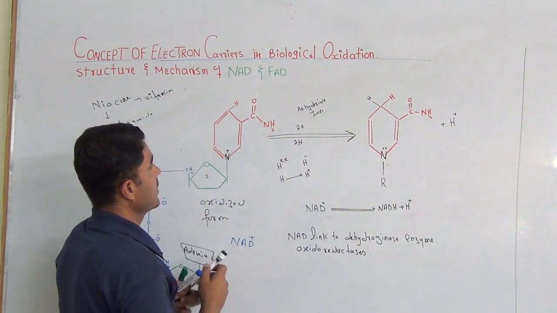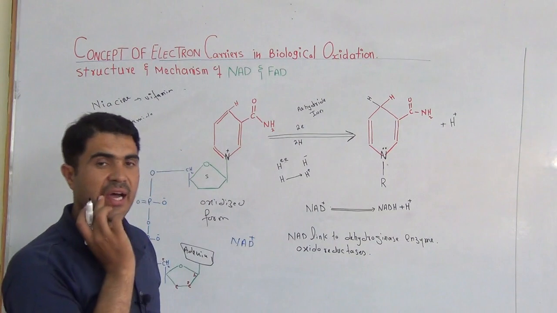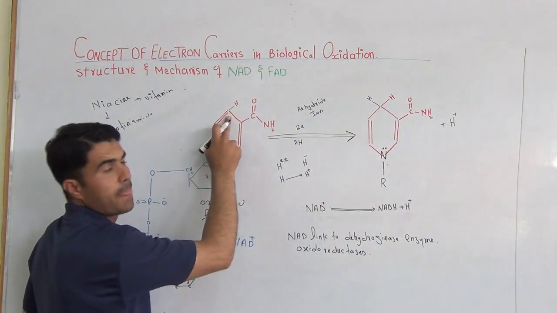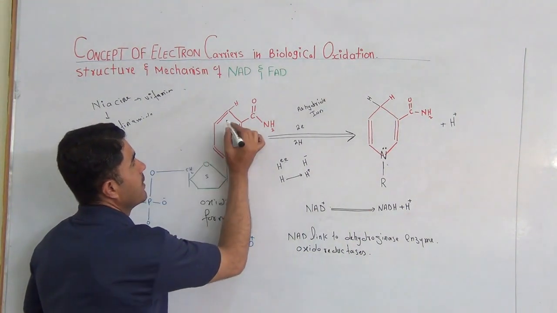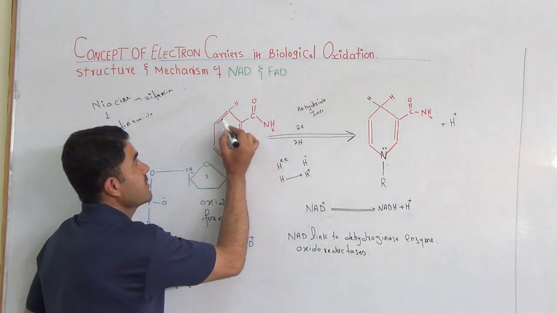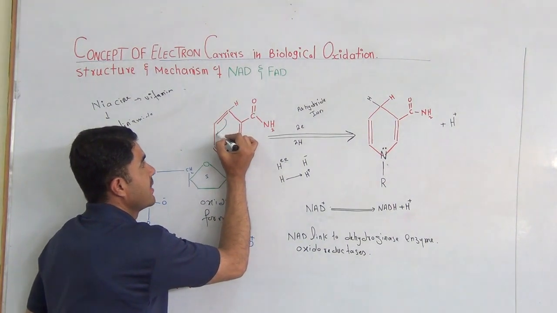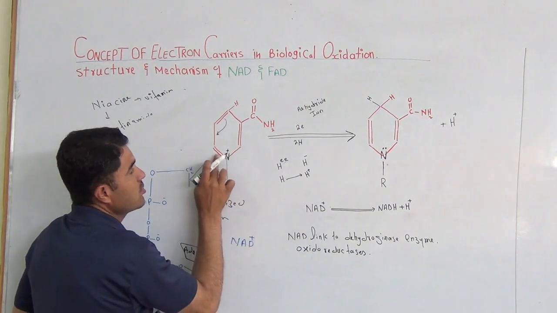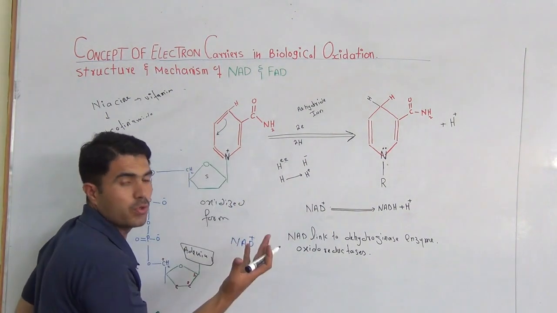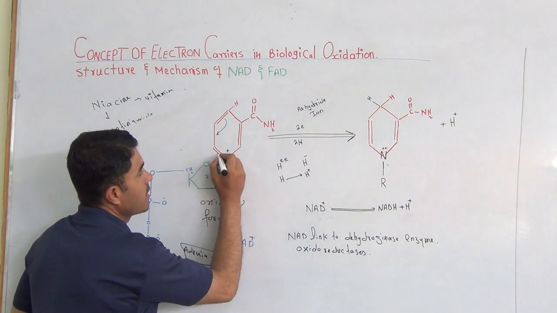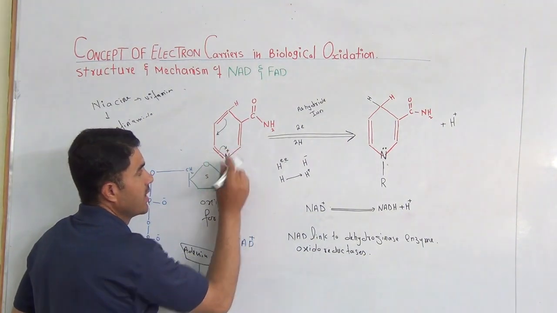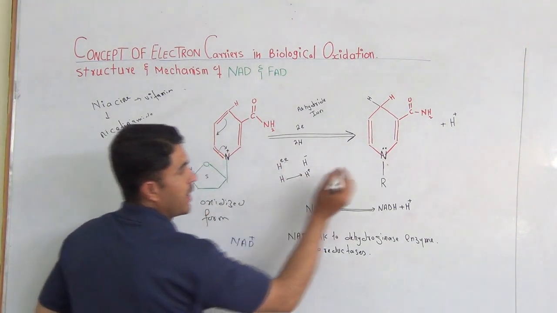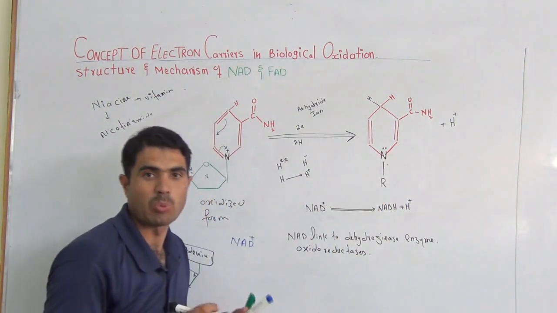Now what will happen, the two electrons, the hydride ion, they will come here on that carbon, right? So what will happen, this is a pi bond, right? It's a kind of electron. So these electrons will come on that side. It will become like this, right? And this bond, of course, the pi electrons, the two electrons, they will be given to the nitrogen atom, and once the two electrons are given to the nitrogen atom, nitrogen will get its lone pair.